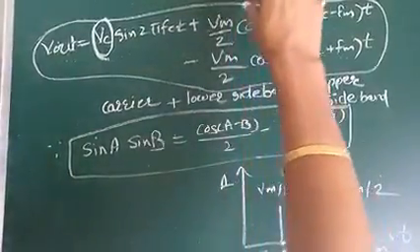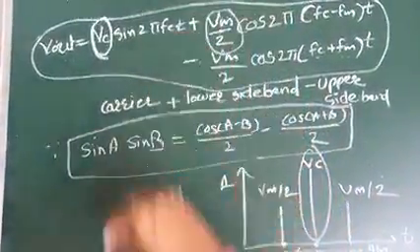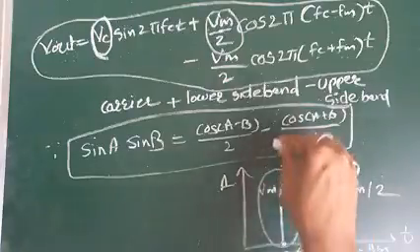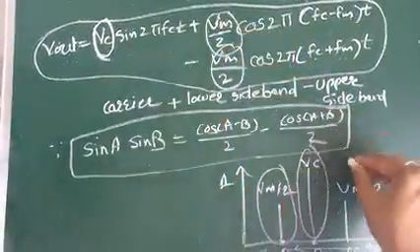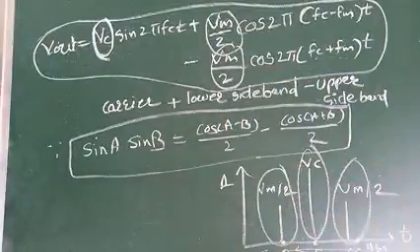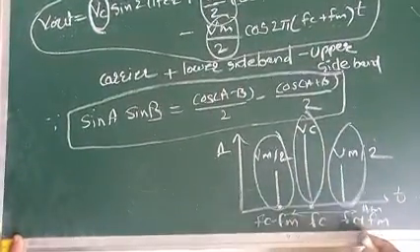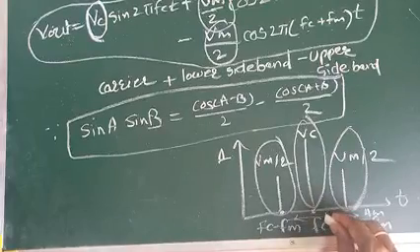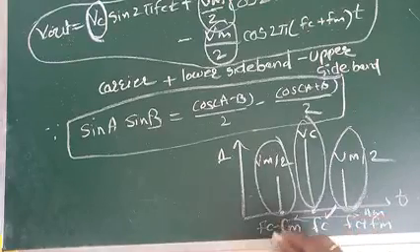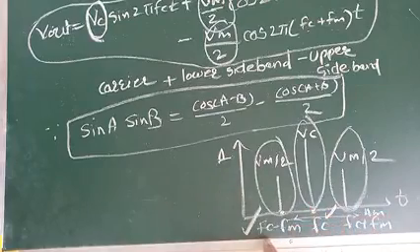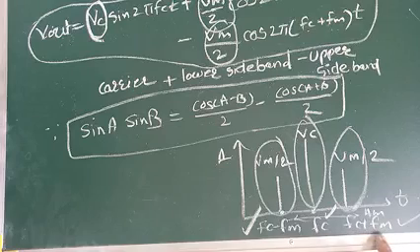Next we have the amplitude of the lower side band and the amplitude of the higher side band. So there are three amplitudes and three frequencies. The middle frequency is known as the carrier frequency, the lower side band frequency is fc minus fm, and the higher side band frequency is fc plus fm.